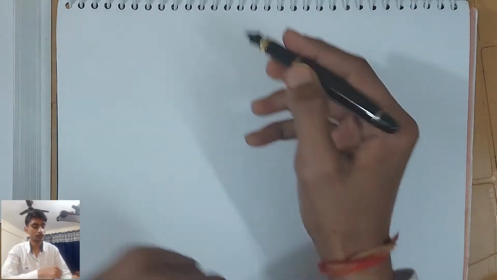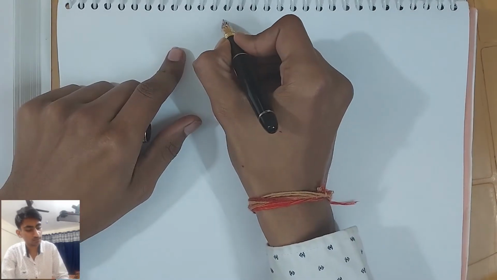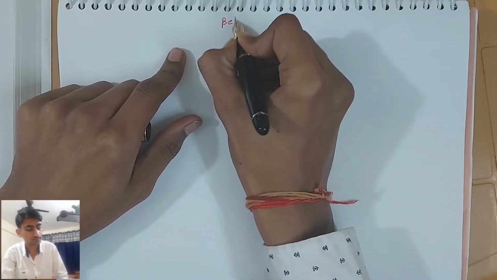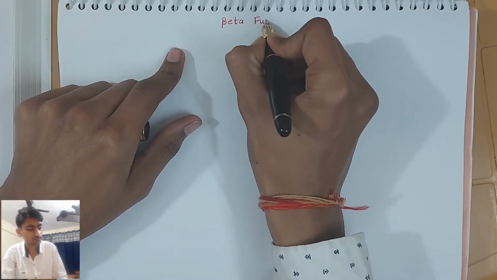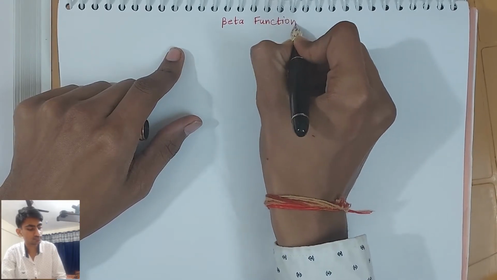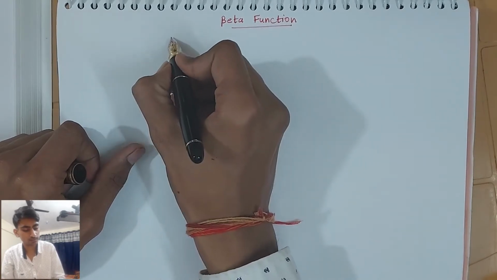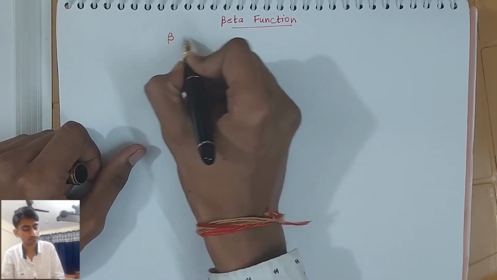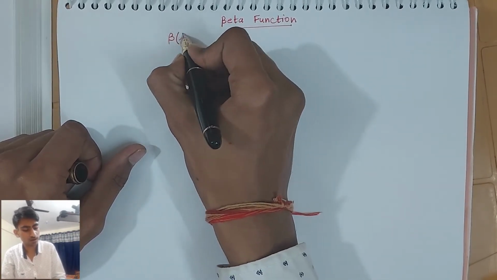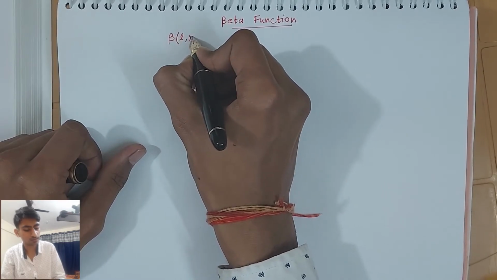So let me quickly write beta function. So let's define it quickly. There is nothing too hard in the definition that needs to be discussed.